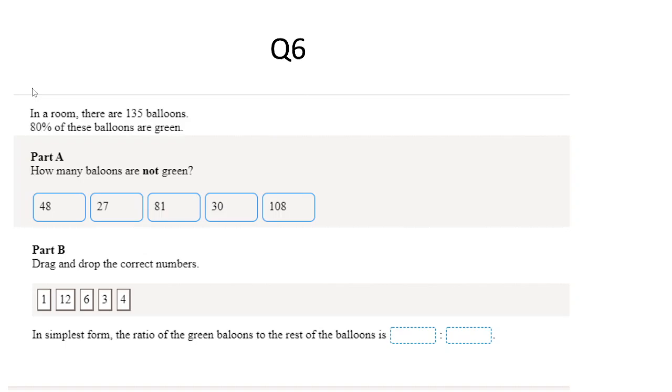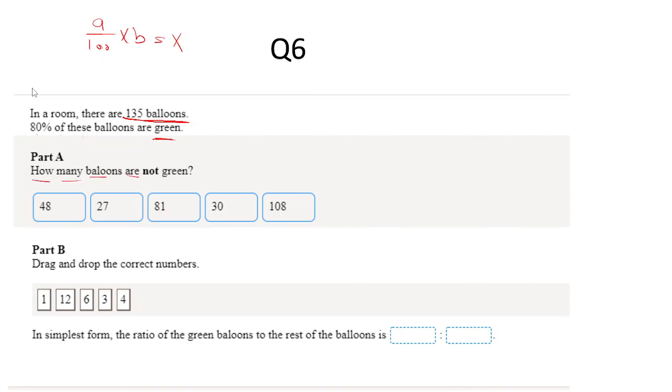Now, question number 6. It says in a room there are 135 balloons. I forgot, I have to write the formula, equal x. There are 135 balloons. 80% of these balloons are green. Now what is it asking?